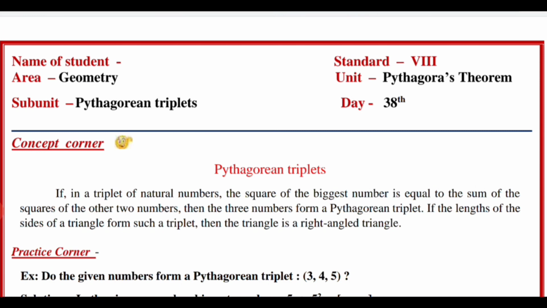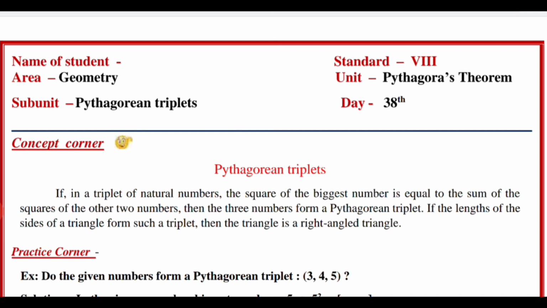So if you are given 3 numbers and if in those 3 numbers the square of biggest number is equal to the sum of squares of other 2 numbers, then those 3 numbers are known as Pythagorean triplet. And if the length of sides of triangle forms such a triplet, then that triangle is also a right angle triangle. Why?